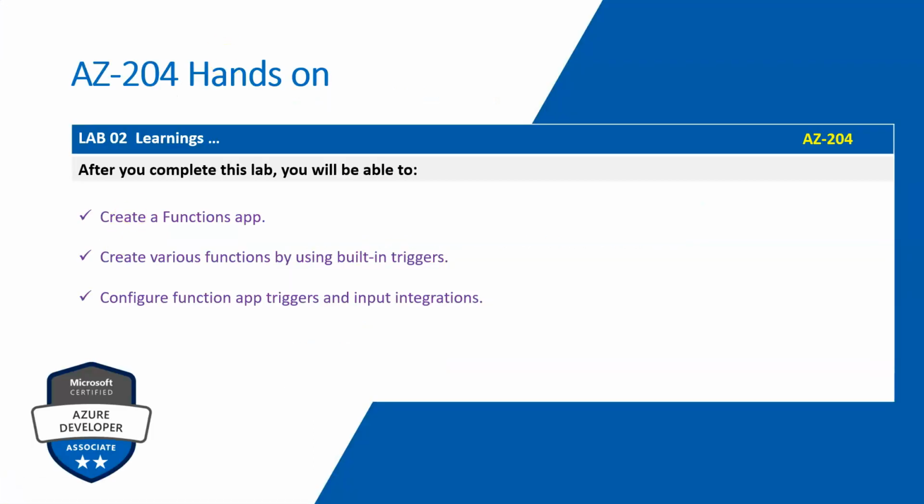So now you guys will be able to create a function app. You will be able to create different functions within the app by using different built-in triggers. And now you can also configure a function app, triggers and input integrations. So basically in this lab we created a function app. There was one app, but inside that particular function app we created different functions.